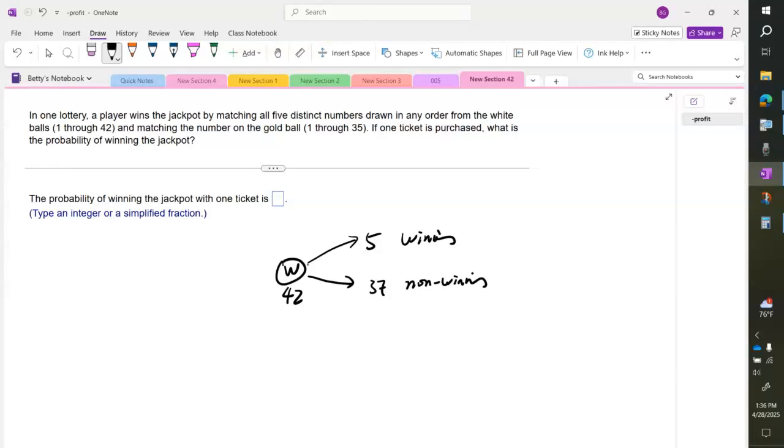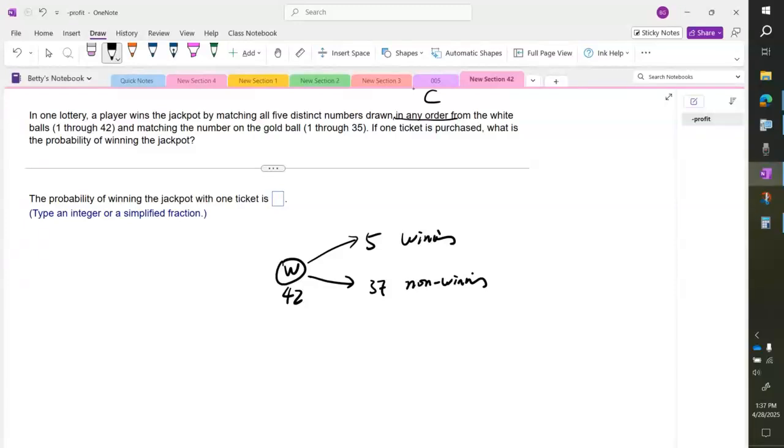Matching all 5 distinct numbers drawn in any order means it's going to be a combination problem. Among the 42 white balls, 5 are winning numbers, 37 are non-winning numbers.